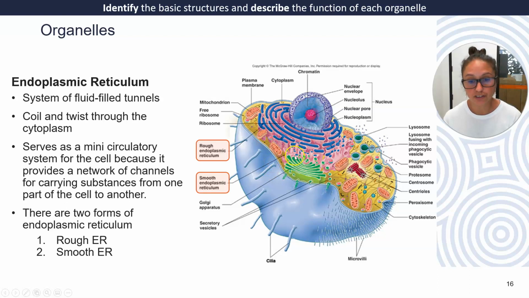The smooth version means it doesn't have those ribosomes stuck to it. Okay? And this endoplasmic reticulum, we are going to look at it later, but essentially it makes proteins. The smooth one makes lipids, just involved in a whole bunch of different functions. Yeah?